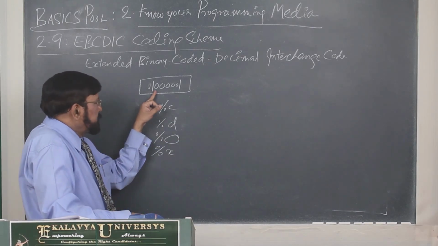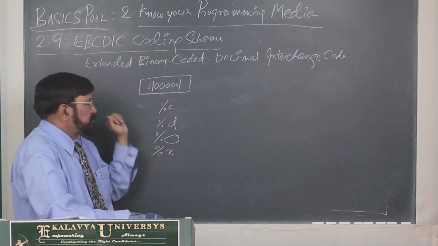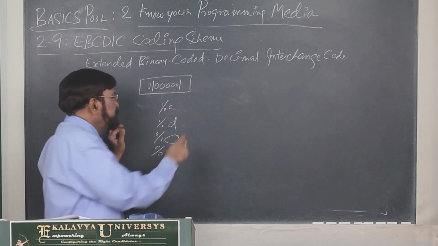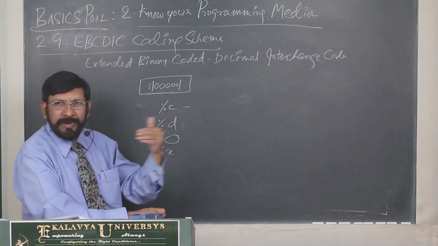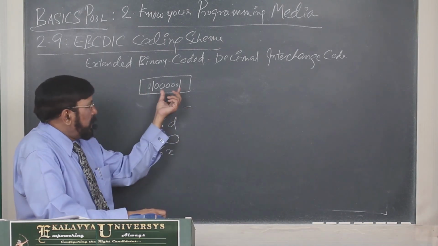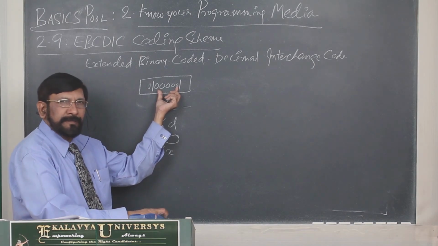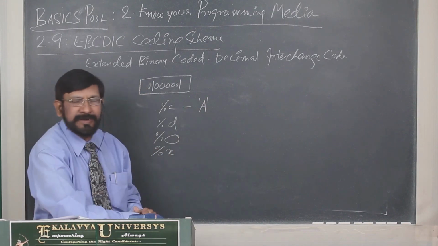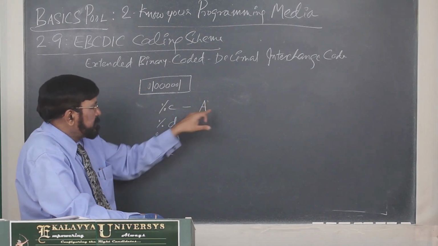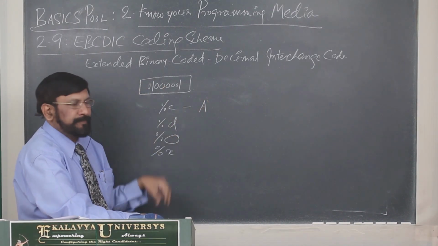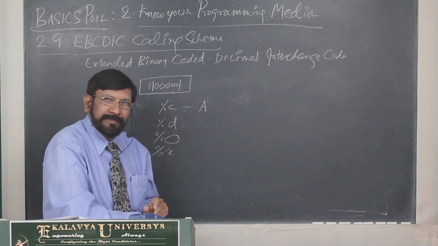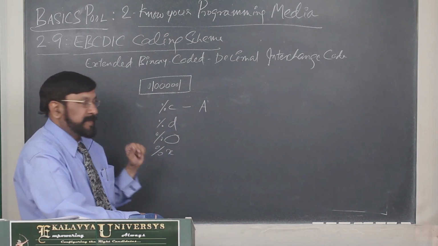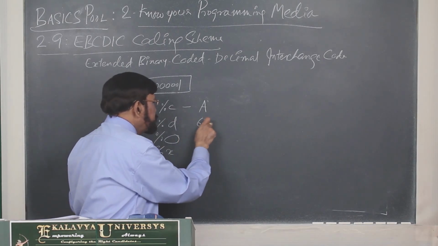With reference to this bit pattern, I am explaining. If you use %c, you are instructing that you want to see this bit pattern in character format, then the corresponding character is printed as A. With %d, you want to see this bit pattern in decimal format, then 65 is displayed.